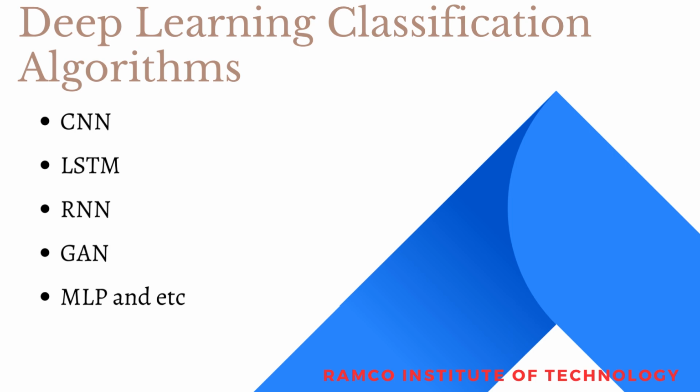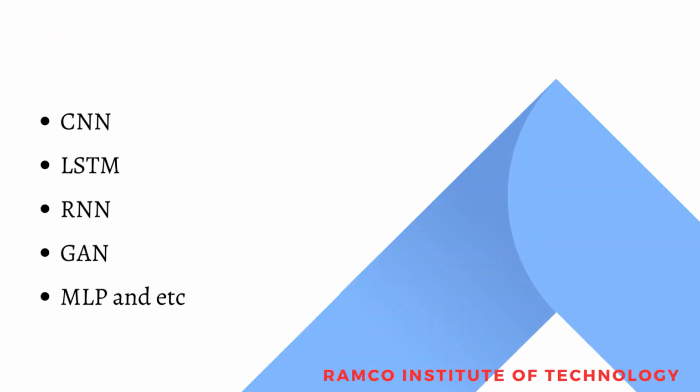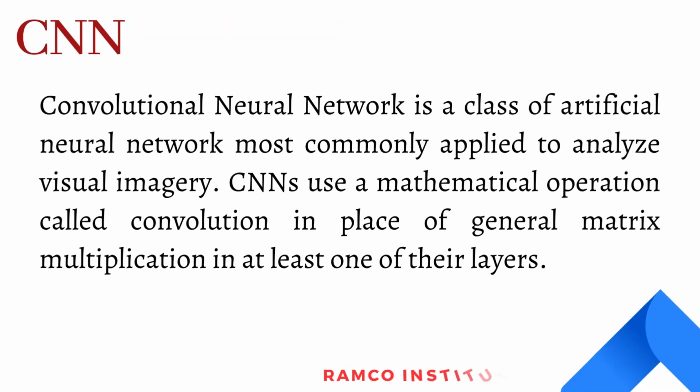From this, we will look only at the convolutional neural network concepts. Convolutional neural networks are distinguished from other neural networks by their superior performance with image, speech, or audio signal inputs. Convolutional neural network is a class of artificial neural network.